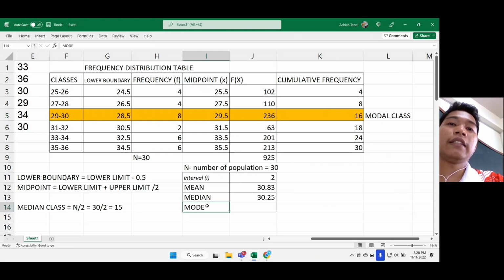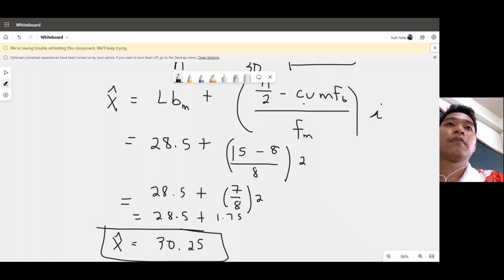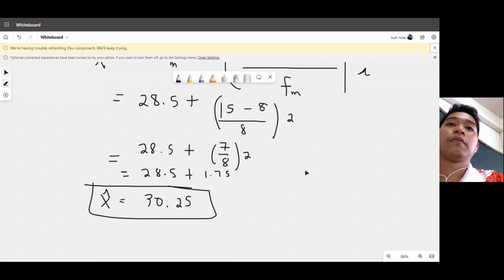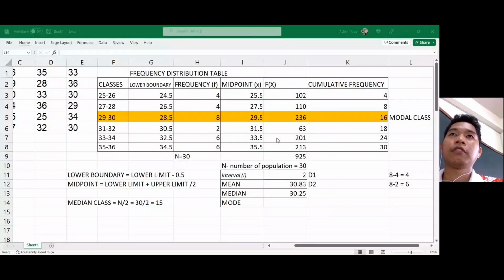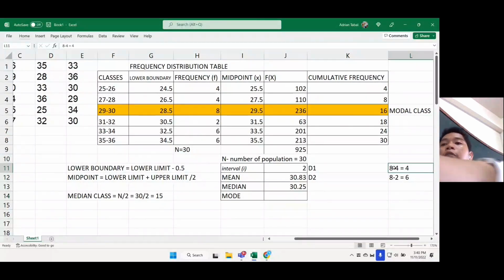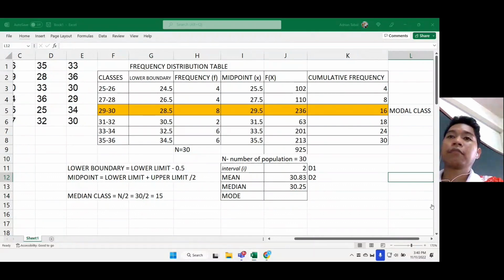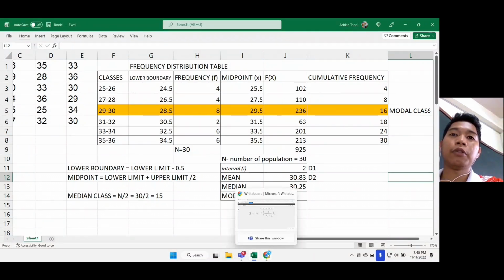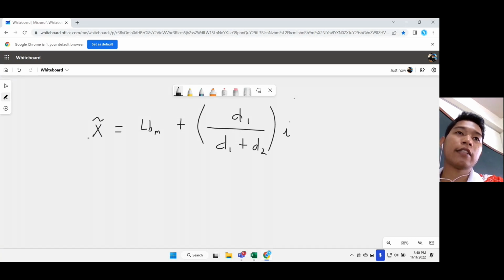So, how do we find the mode? We have the formula for the mode. That is x tilde equals the lower boundary of the modal class plus d1 over d1 plus d2, times the interval.